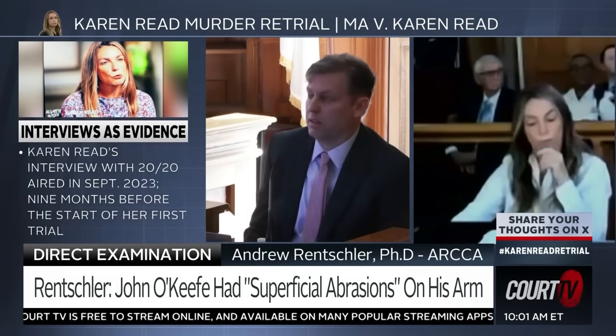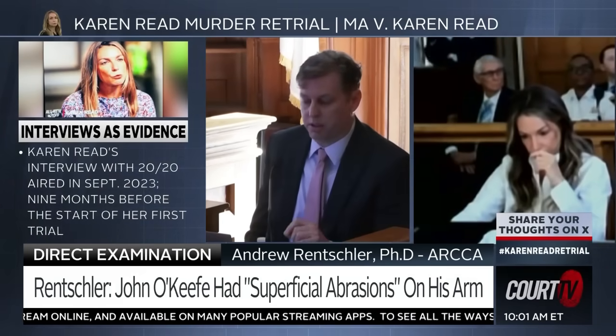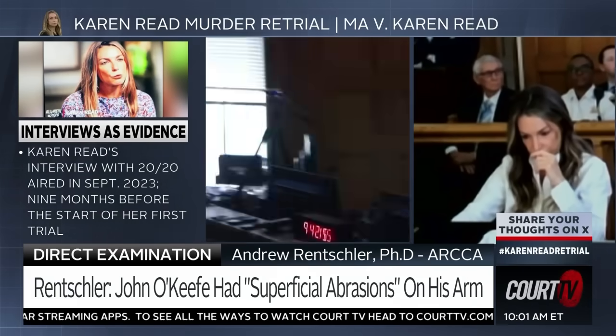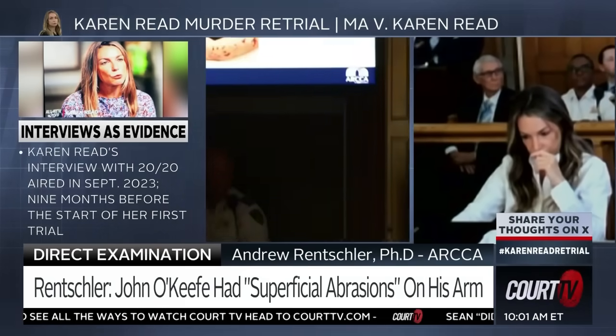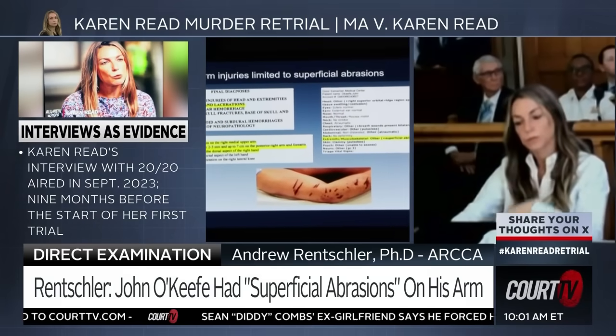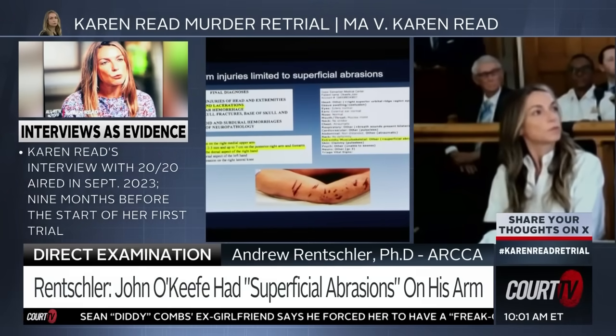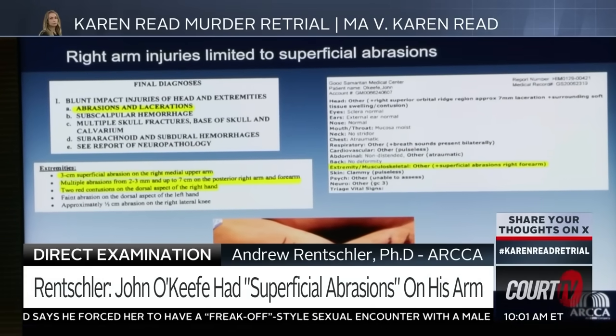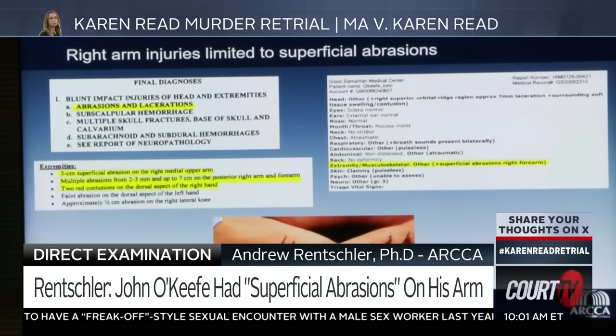What are we looking at in this slide? So this explains the injuries, and this is from on the left side, that is the diagnoses from the autopsy. The right side is from the hospital. And you can see it says blunt impact injuries of head and extremities, abrasions and lacerations. The laceration is on the back of the skull, on the back of the head where the occipital skull fracture is.